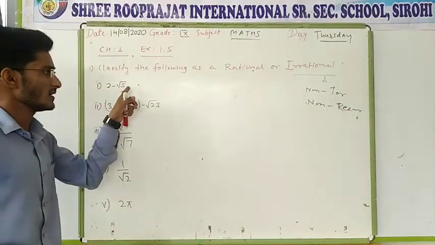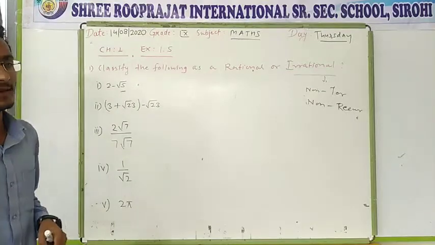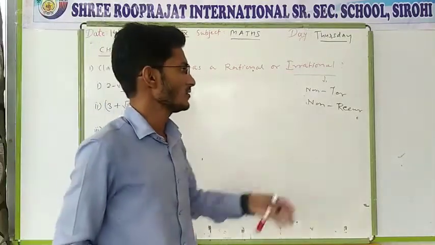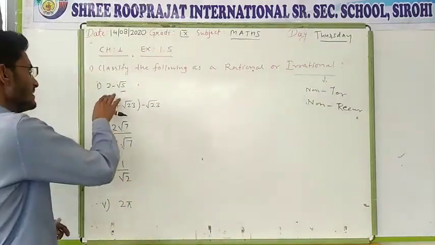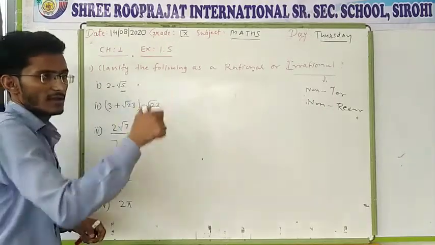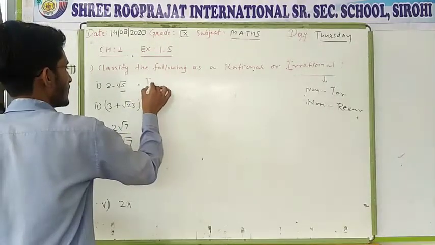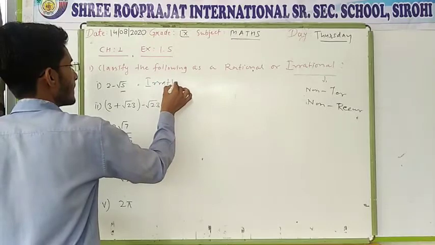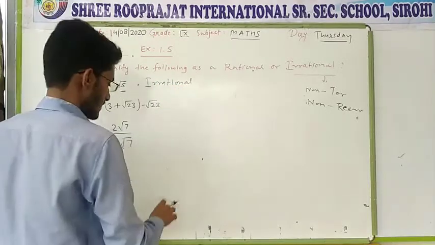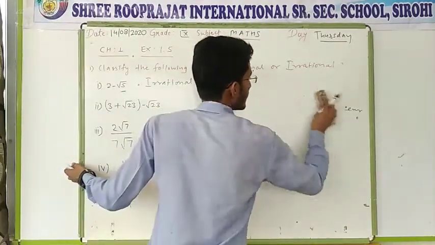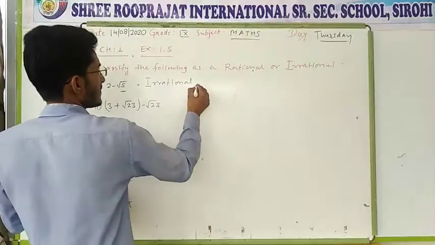So if we subtract root 5 from 2, we will get a non-terminating and non-recurring value. That's why it will be an irrational number. If you want to write a reason, you can.